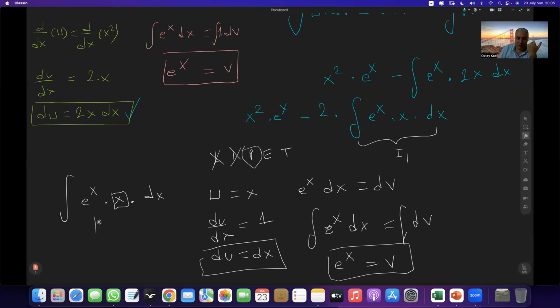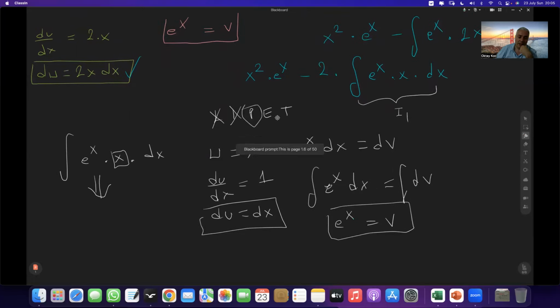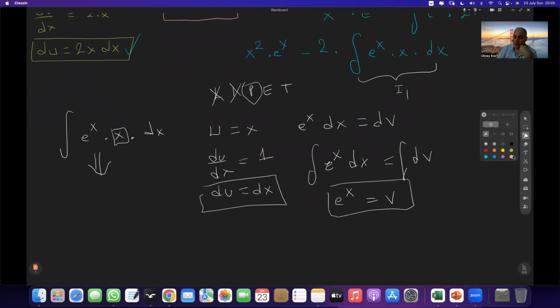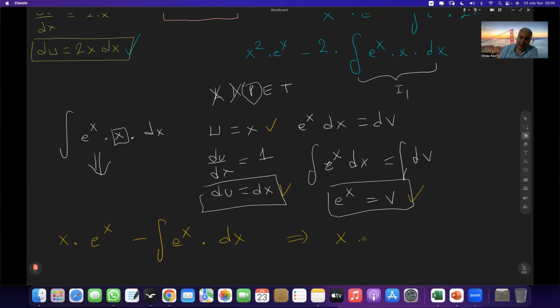So if I write u times v, x is u, and v is e to the x, minus the integral of v, which is e to the x, times du. So du is dx. Oh, I got it. Excellent. The integral of e to the x dx is a very simple integral. So this will be x times e to the x minus the integral of e to the x dx, which is e to the x.